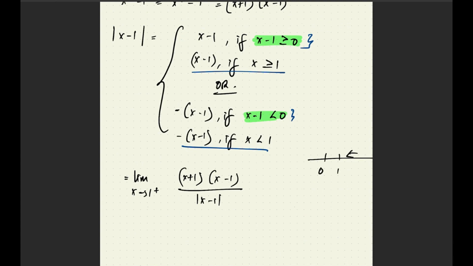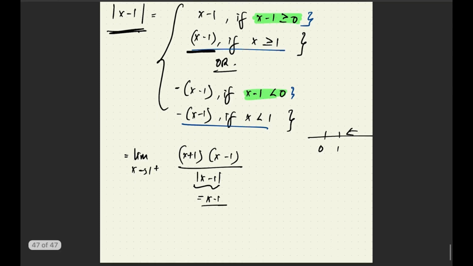So if the x value is slightly greater than 1, what is the absolute value of x minus 1 going to be equal to? Is it this part here or this part here? Since x is slightly greater than 1, the absolute value of x minus 1 is equal to just x minus 1.